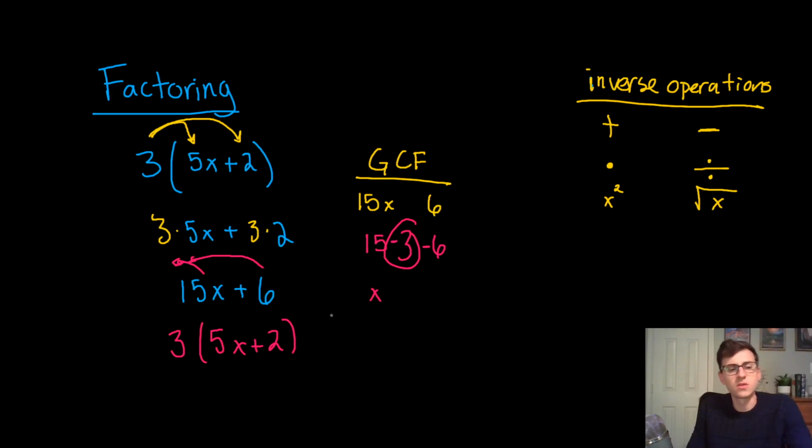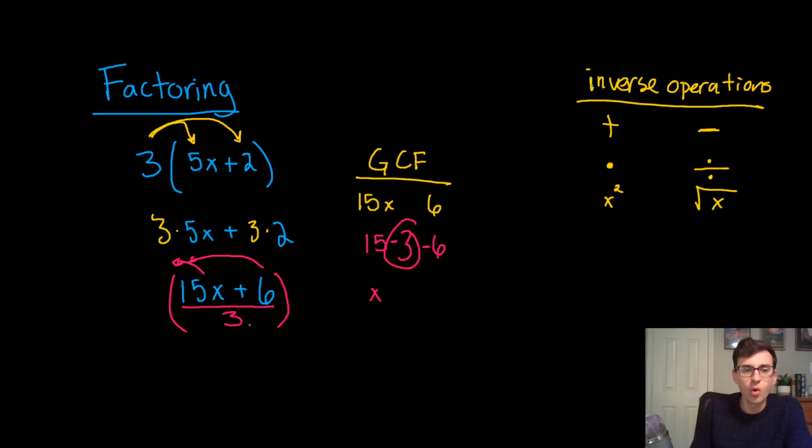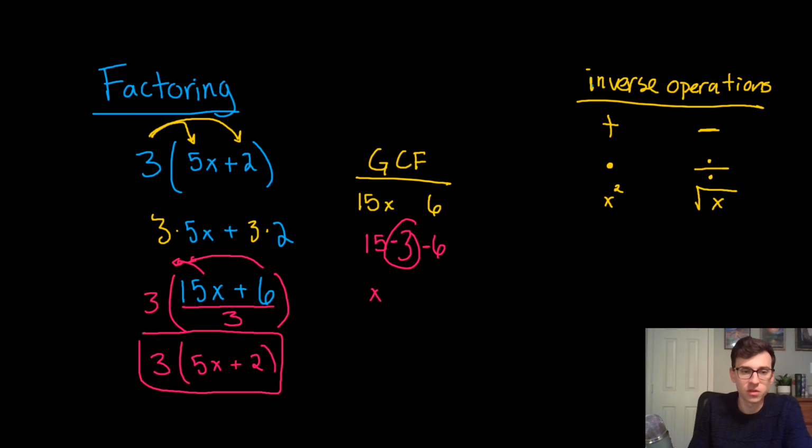So maybe another way you could think of it is I'm not changing the value of anything, right? I'm dividing this whole inside part by 3, and then I'm multiplying the outside part by 3 because the inverse of multiplication is division. So if I divide all this by 3 and then multiply it by 3, it doesn't change. Now when I divide this by 3, 15x divided by 3 is 5x, and 6 divided by 3 is 2. So that would be how we factor out a 3.